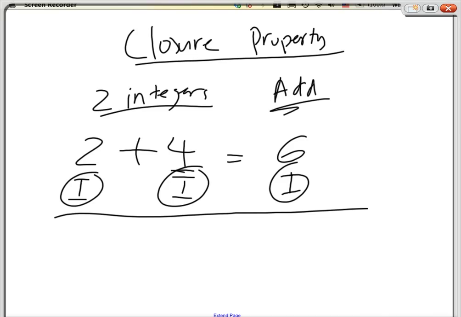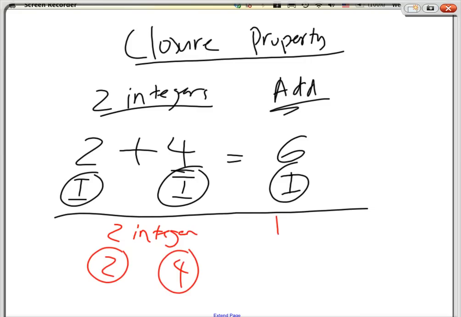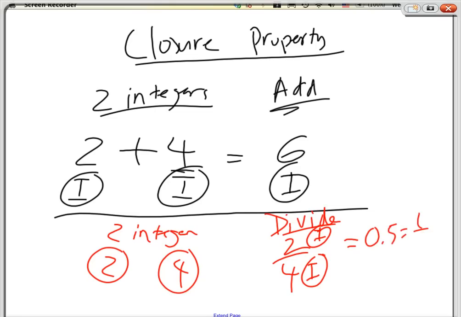So in a case where we have something like this, watch what happens. Same thing again. I have 2 integers again, 2 and 4, and this time I ask you to divide. 2 is an integer, right? 4 is an integer, but if you take 2 divided by 4, what do you get back? 0.5, or 1/2, correct?